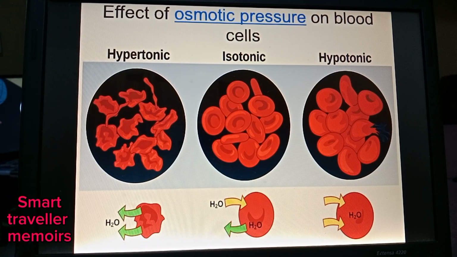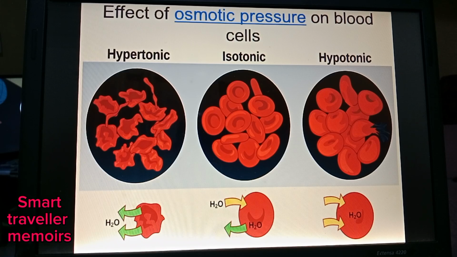You can see the effect of osmotic pressure on red blood cells if they are put in a hypertonic solution, isotonic solution, and hypotonic solution, which I have already defined in my other biology videos in cell physiology. So please check my channel if you are watching for the first time, to see cell physiology where I've defined those terms.